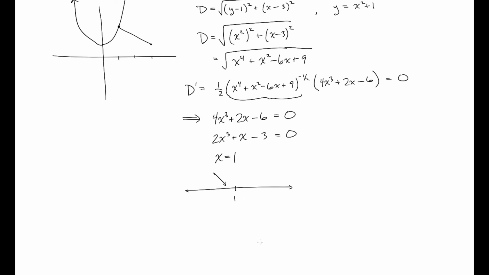And then if we plug in a 2, we've got 16 plus 4, which is 20, minus 12, plus 9, that's positive. And then plugging in 2 there, you get 32 plus 4 minus 6, that's positive as well. And so we have positive times positive, which is positive. So that's increasing, which means we do have a minimum at 1.